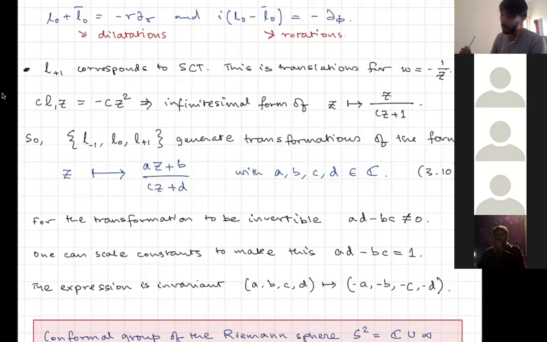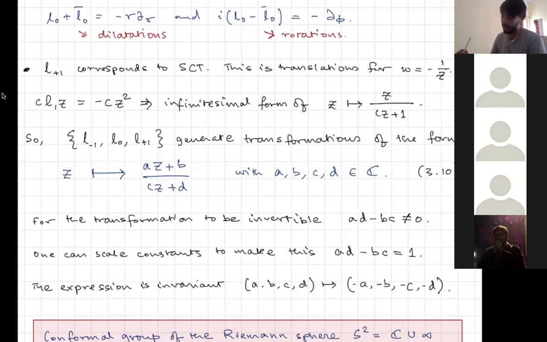For these to be invertible, ad minus bc has to be not equal to 0, and we can scale these a, b, c, d such that we can make ad minus bc equal to 1.